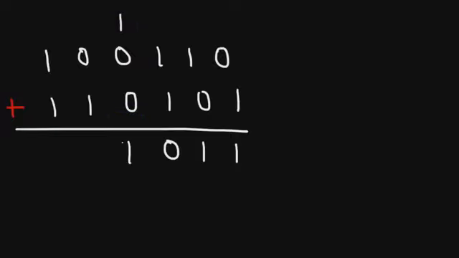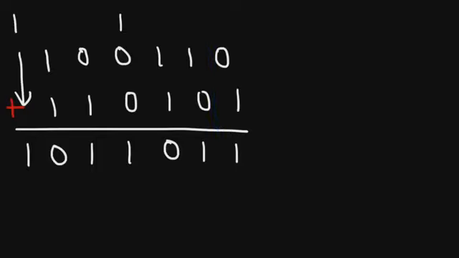Now for the fourth column, it's 1 plus 0 plus 0, which will equal 1. And then we have 0 plus 1, which is 1. And then next is 1 plus 1, which is 0, but carry over a 1 to the next column, which will give us 1. So now let's confirm our answer.